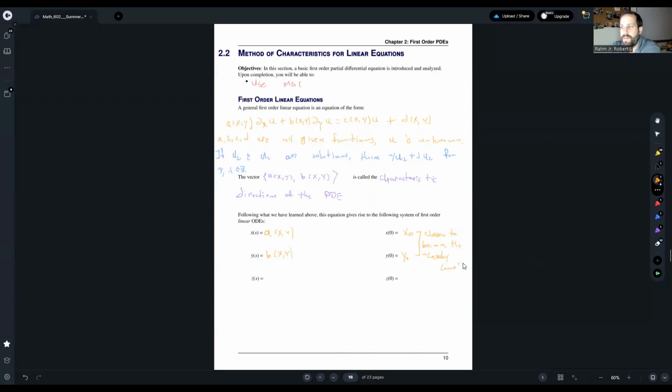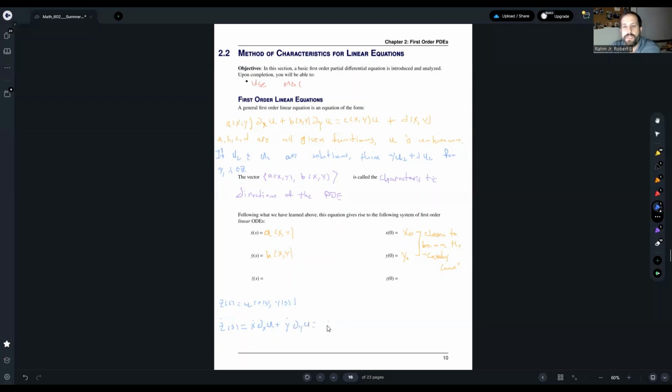And now, what is z of s? Let me remind you, z of s is always going to be u of x of s, y of s. If I compute z dot of s using the chain rule, this is x dot times the partial derivative of u with respect to x plus y dot times the partial derivative of u with respect to y.